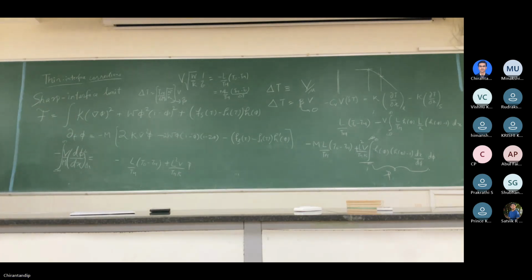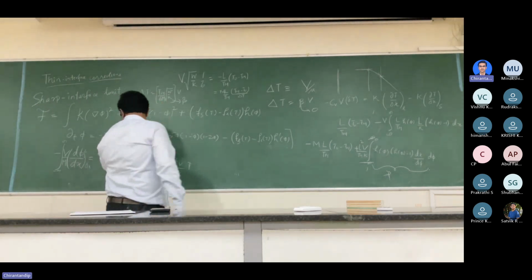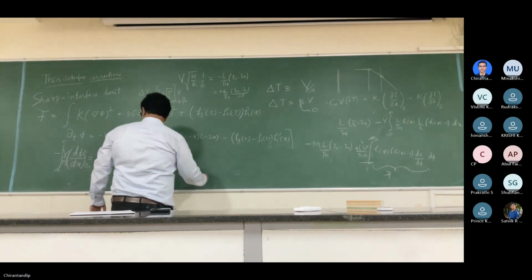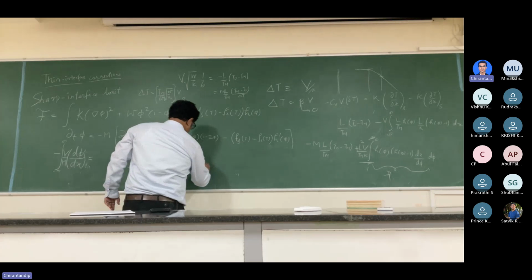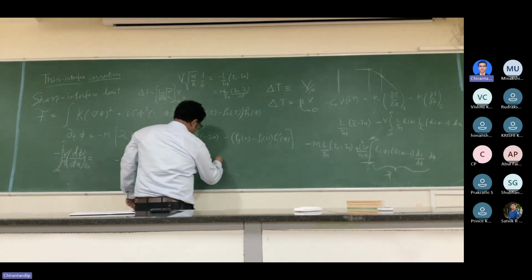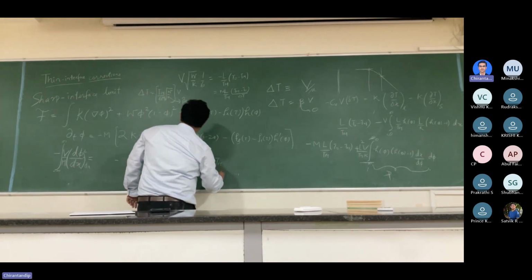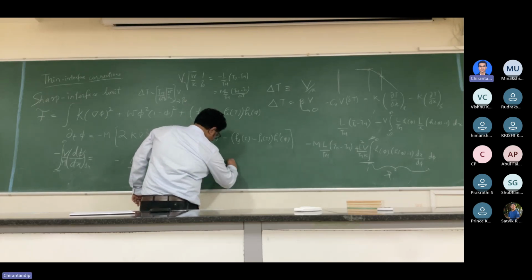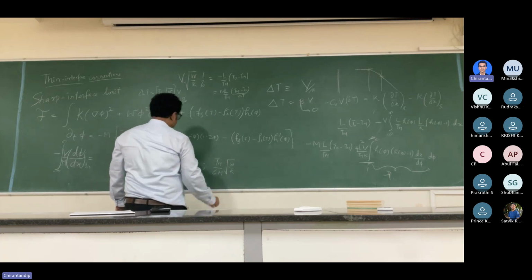All right. Very good. So this integral we evaluated just now. What is this? It is here, right? So we have Tm by 6m root of w by k, right? Times v.